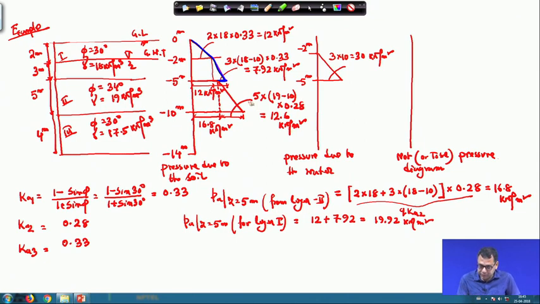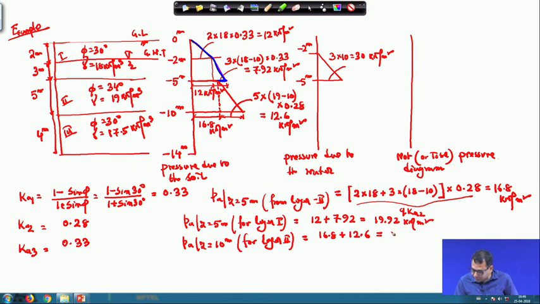So, I can write that P A at z equal to 10 meter for layer 2 will be equal to the total, 16.8 plus 12.6, that will be equal to 29.4 kilonewton per meter square.